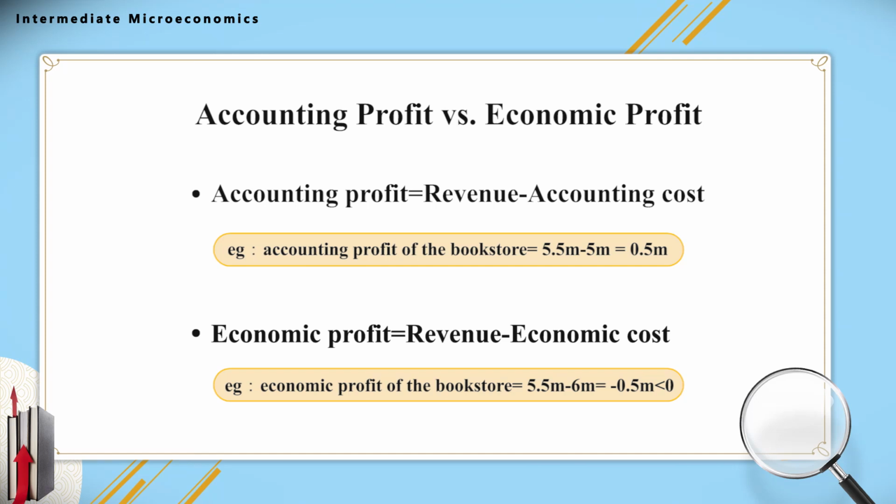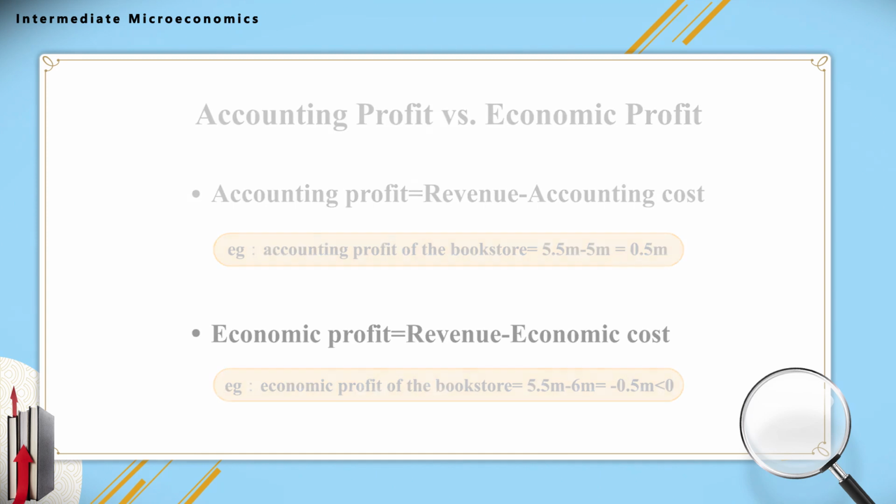This means that in order to get the 5.5 million yuan revenue from the bookstore, you give up the 6 million income you might get from operating a coffee shop, and in effect, lost 500,000 yuan. Therefore, the business strategy is obvious. You should quit operating this bookstore.